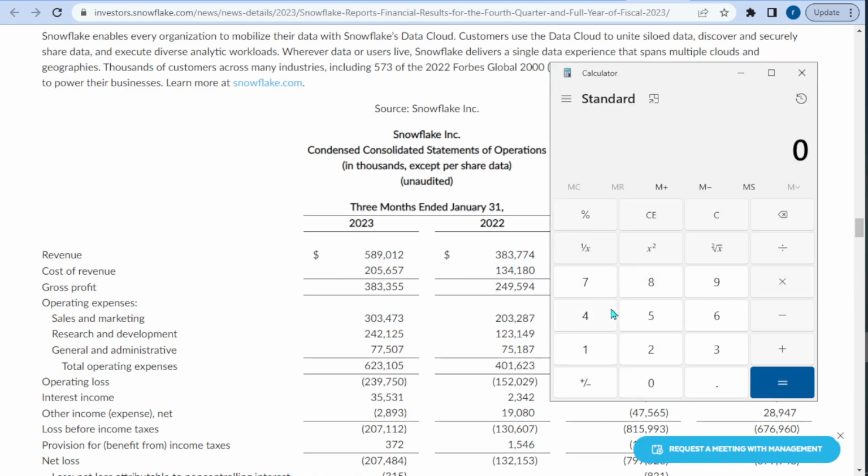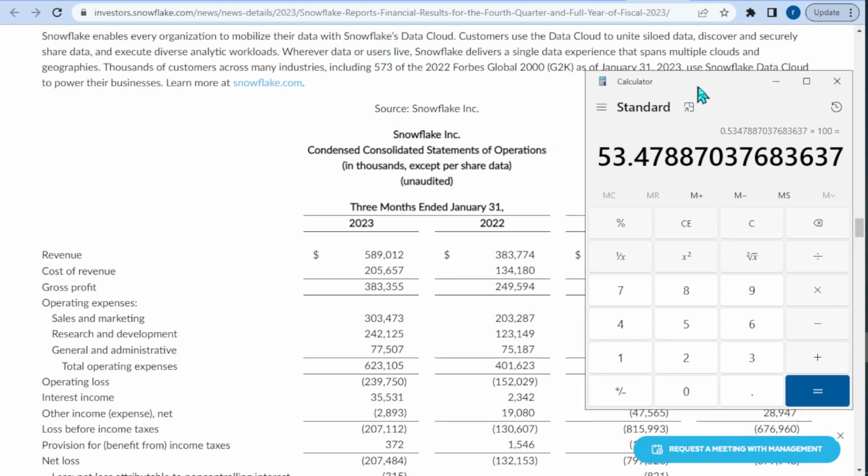I'm going to get the 589,012, subtract the 383,774, and then divide this number by the prior year, 383,774, multiplied by 100 to get a percentage. So that's about 53.5% growth in revenue. So that's pretty good when it comes to revenue growth.